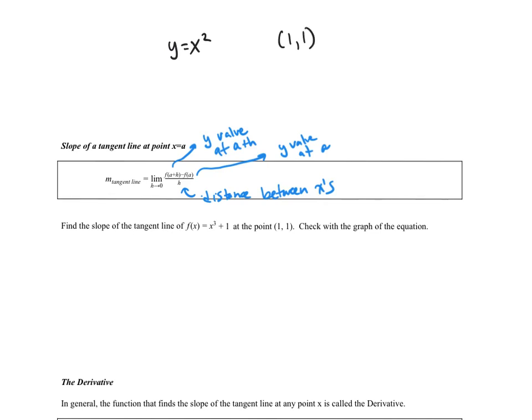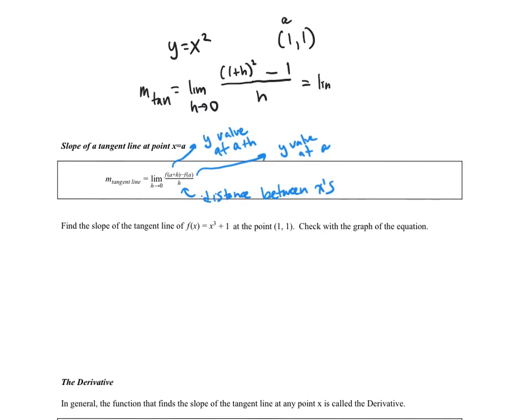If I use this idea, the slope of the tangent line is going to be the limit as h goes to 0 of f of a plus h. Well, a is 1, because that's our x value. So it's going to be 1 plus h squared minus f of a. So I'm going to plug 1 in for that. So that's just 1, all over h.